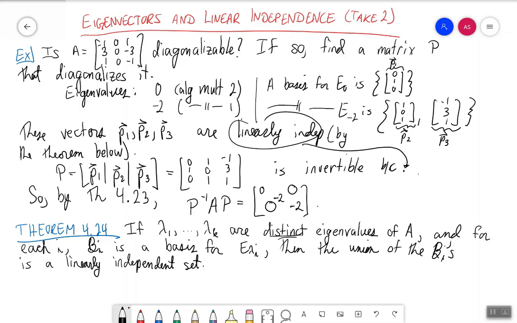Now what do I mean by union? Well, the union of sets is the set consisting of everything in at least one of those sets. So for instance, the union of this guy and this guy is the set {P1, P2, P3}.